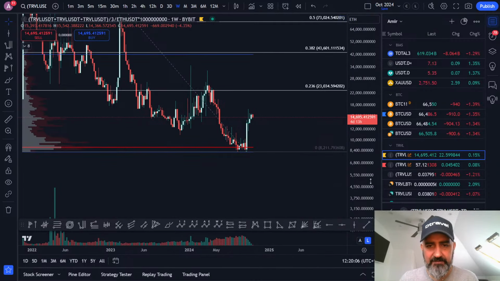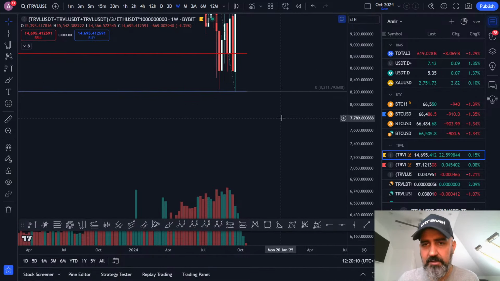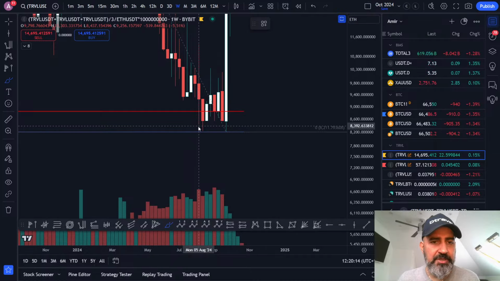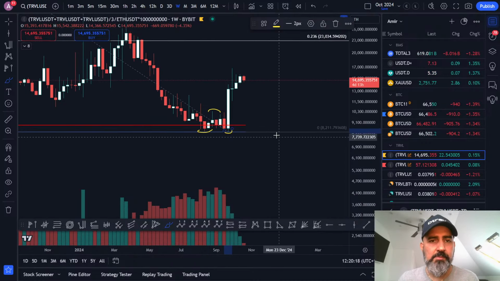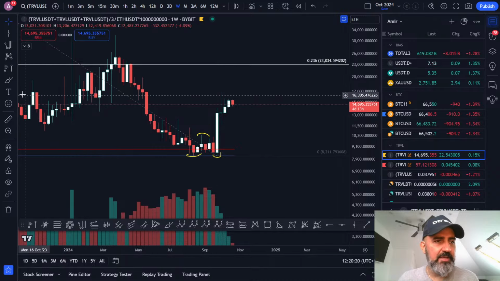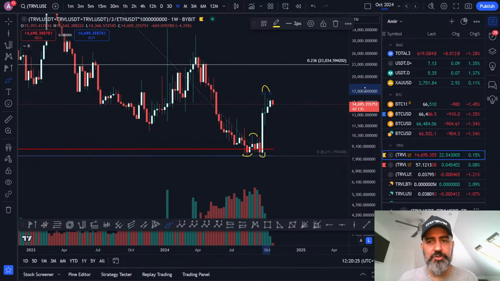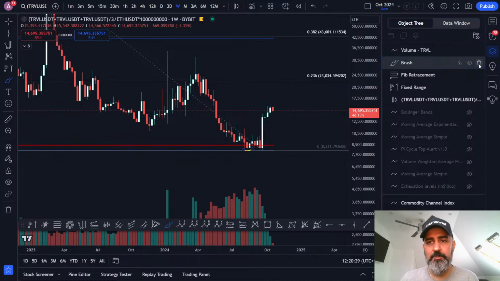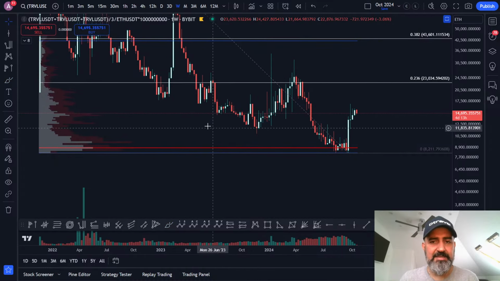And again, it's very similar to Bitcoin in this sense, I think. You can see here we put in a lower low, lower high, lower low. We had a nice explosive week. That's your higher high, and we haven't confirmed a change in market structure just yet on ETH. But they're very similar, except against ETH, it looks like we're a little bit more bullish because we don't have this SR flip to contend with, do we?